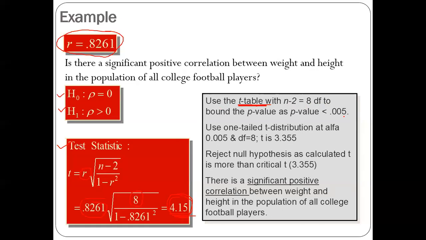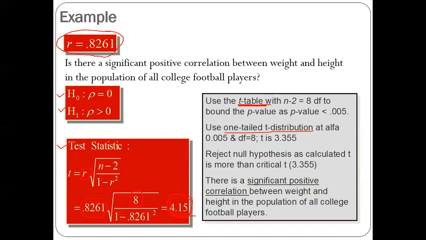So now the question wants you to compare with the alpha or p-value 0.005. And the question also wants you to use the one-tailed t distribution. In the t table, they have the one-tailed t distribution, and they also have the two-tailed t distribution alpha level.